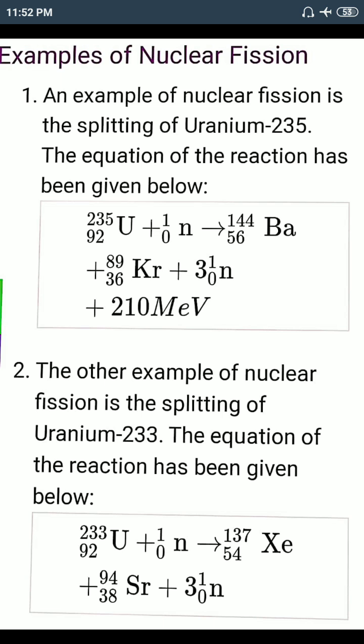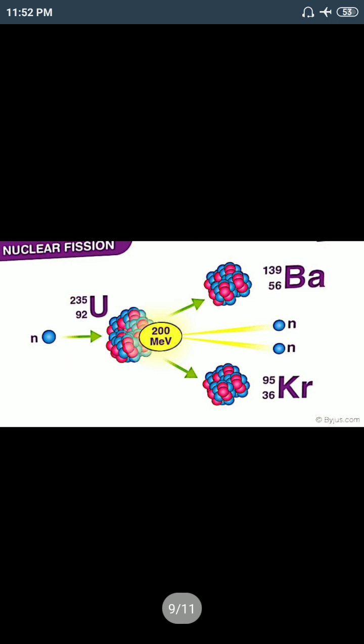This is an example of nuclear fission, the splitting of uranium 235. The equation is barium 144 plus krypton plus 3 neutrons. In this procedure, whenever one neutron is bombarded on uranium 235, 3 neutrons are generated.